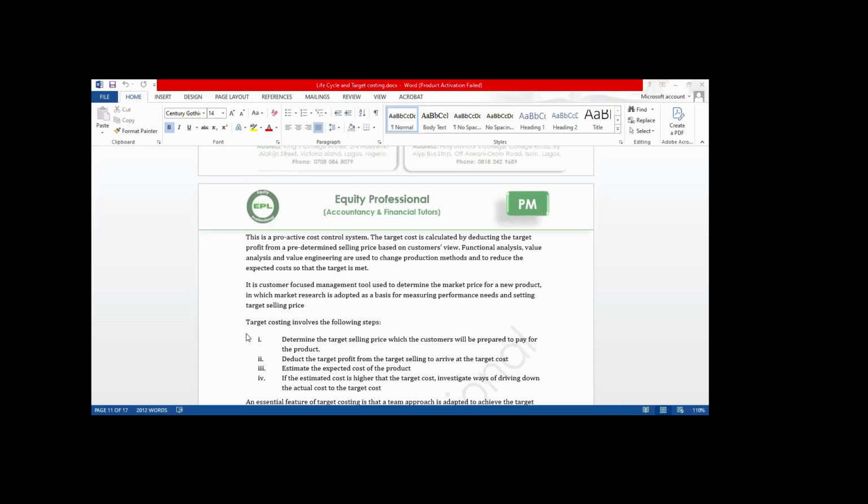The company will conduct a survey to establish the price customers are willing to pay for a particular product.